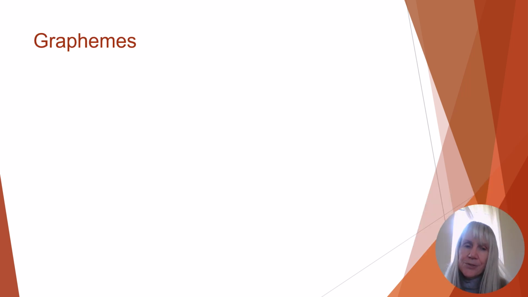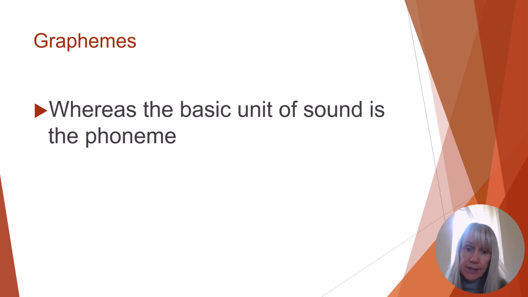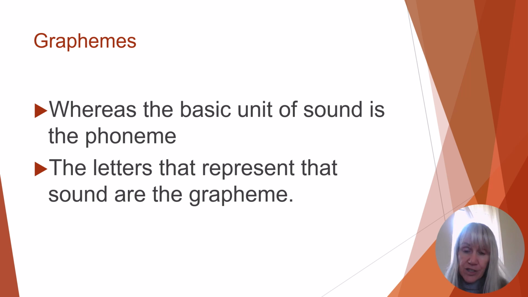So we're going to be introduced to a term that we briefly were introduced to in the beginning of the book, and that was graphemes. Now, whereas the basic unit of sound is the phoneme, and we've already spent a great deal of our time learning about phonemes, the letters that represent that sound are the graphemes.